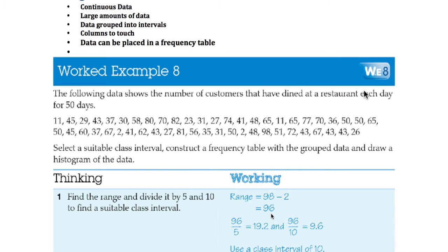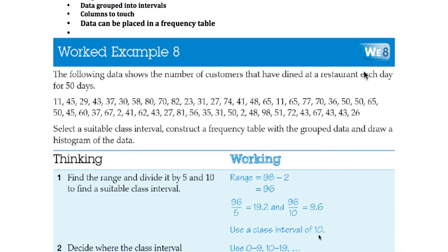We then decide, do we want our graph to have 5 columns or 10 columns? Let's say a histogram with 10 columns. So we take our range divided by the number of columns, and that gives us 9.6. So let's say we have a class interval, and I'll explain what that means shortly, of 10.